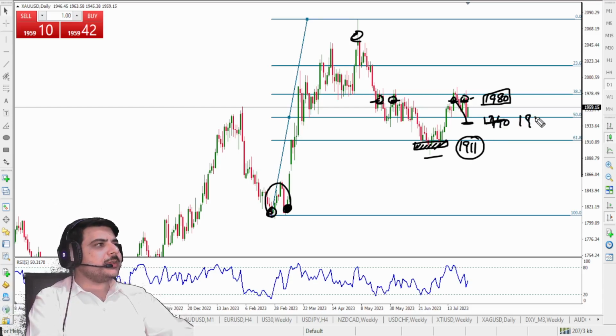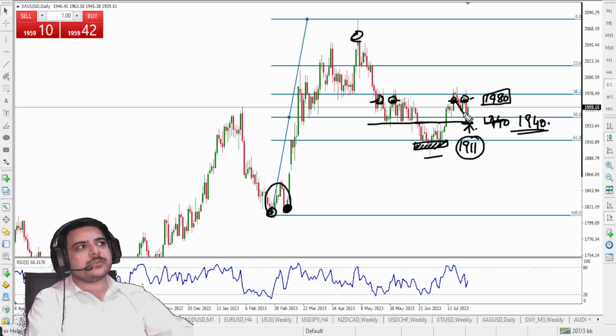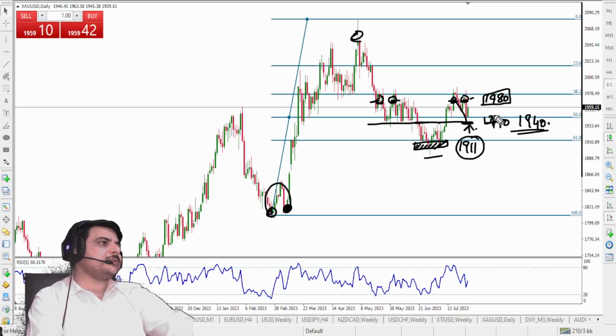So 1940 was again tested last week. I clearly told you that this is going to be the support. It created a support. We got a daily candle closed above this support, it bounced off on the lower time frames, and I traded this one in front of you in the live stream.